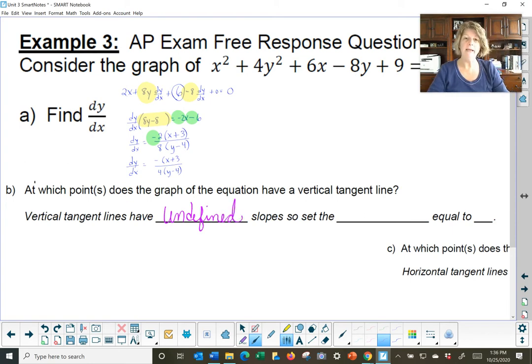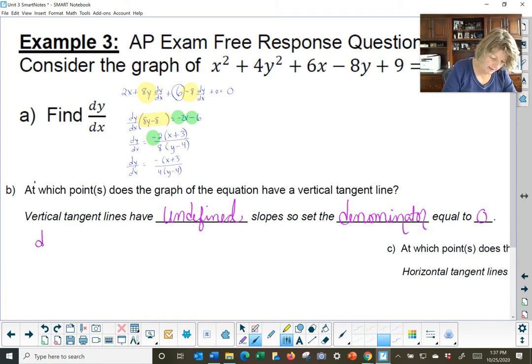Which means that I will set the denominator equal to 0.